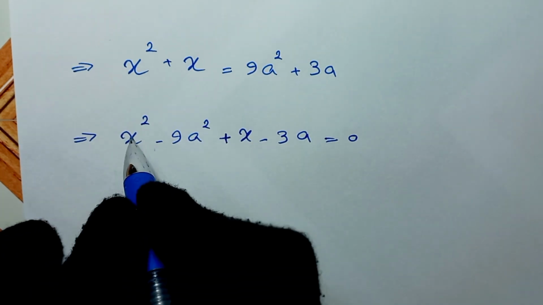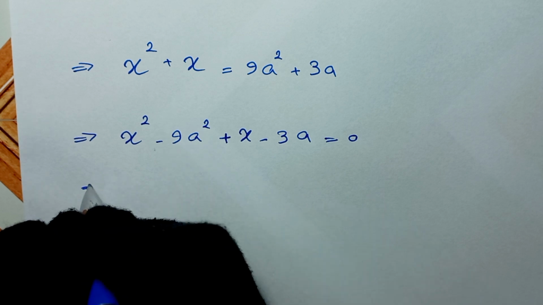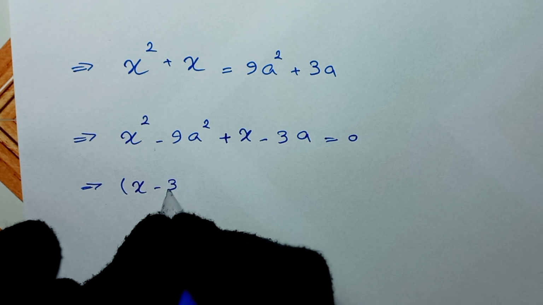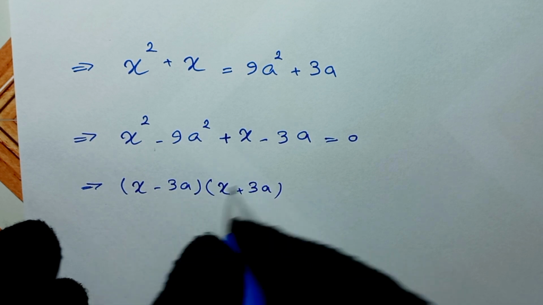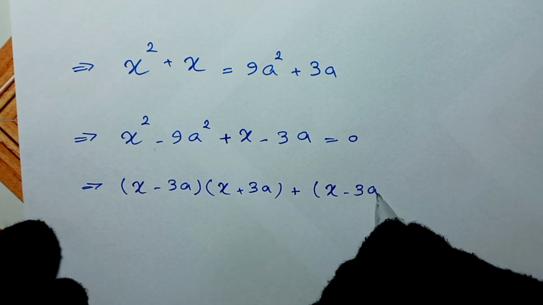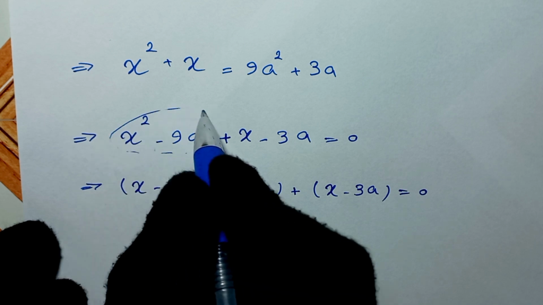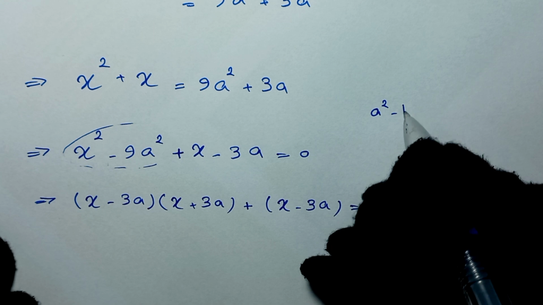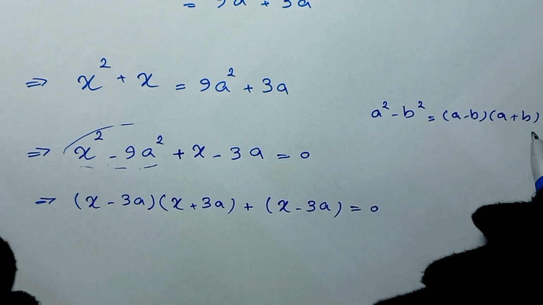Here, this is in the form of a squared minus b squared, so we can write this as x minus 3a times x plus 3a, plus x minus 3a, is equal to 0. The form a squared minus b squared is a minus b times a plus b.